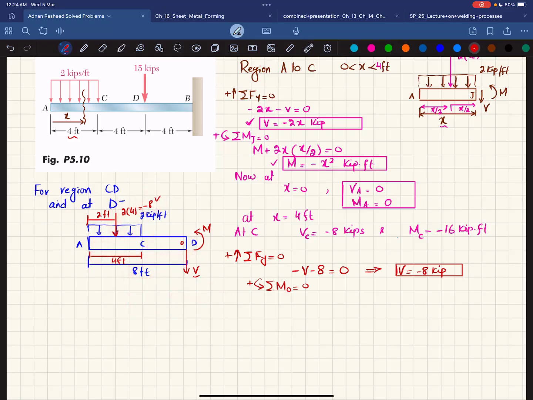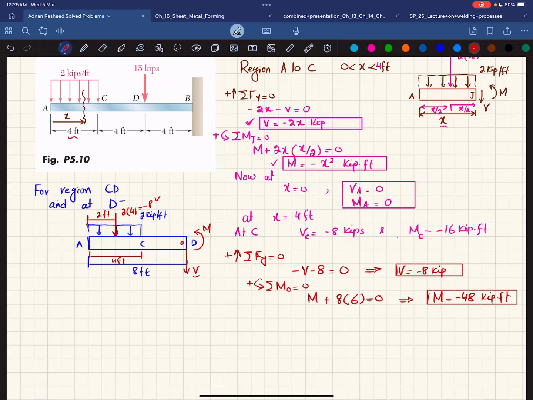So I can write plus M plus 8 multiplied by 6 is equal to 0. What we will get is that the moment will be equal to minus 48, and the unit will be kips into feet. This is just at D negative.